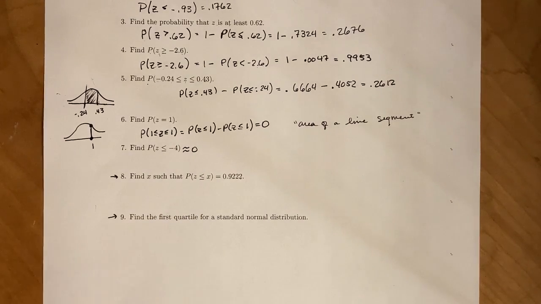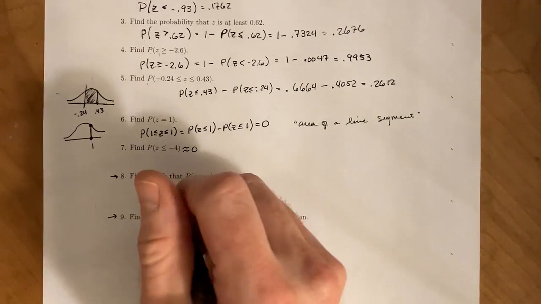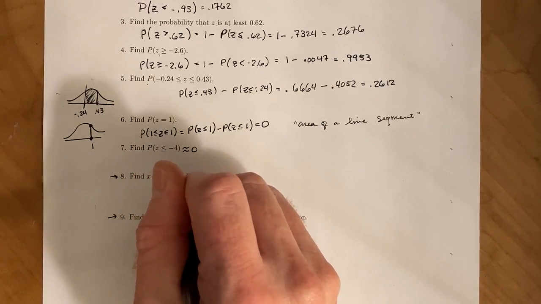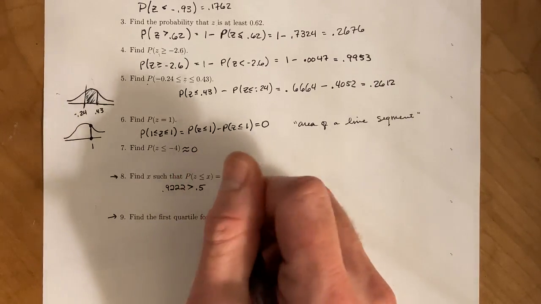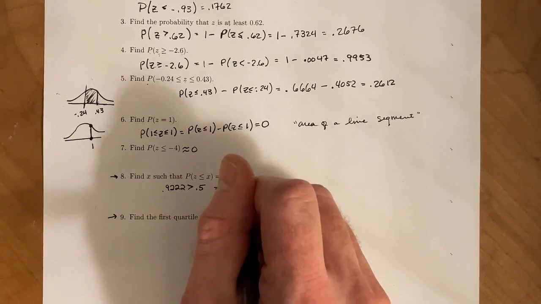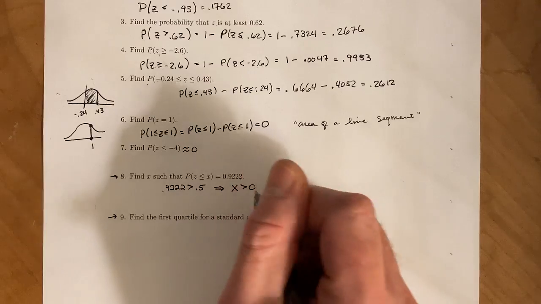First and foremost, 0.9222 is larger than 0.5, which means if you're trying to decide, are we with the positive z's or the negative z's, since 0.9222 is greater than 0.5, we know that x has to be greater than 0.